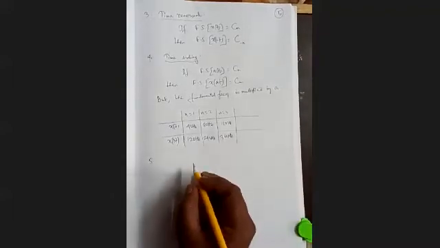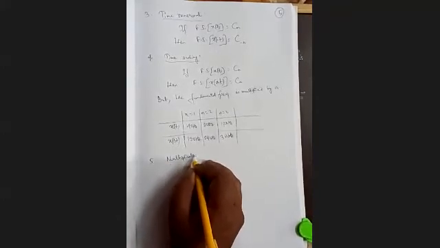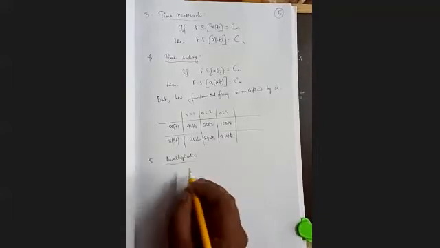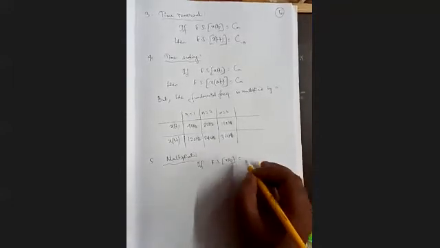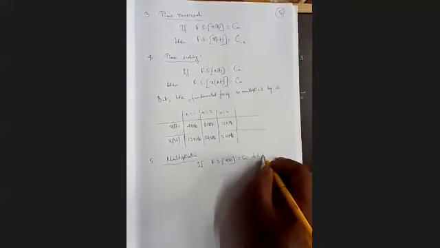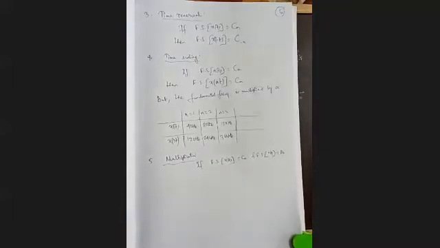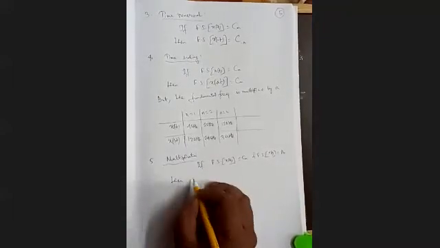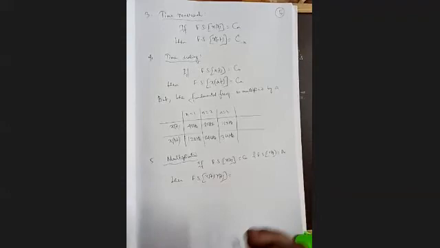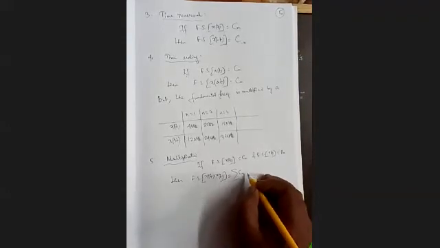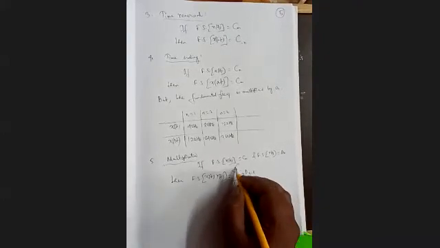Next property, multiplication. If Fourier series of x(t) is Cn and Fourier series of y(t) is dn, then Fourier series of x(t) into y(t) is summation of Cn d(n minus L), where L is varying from minus infinity to plus infinity.